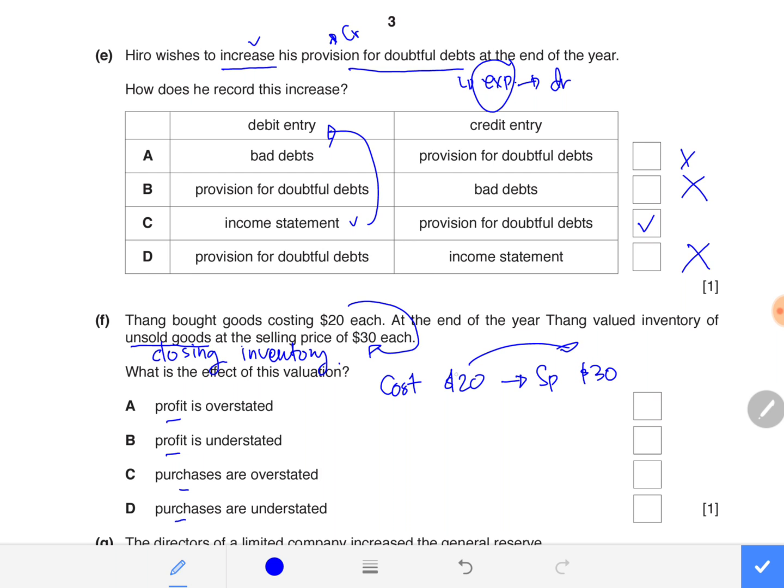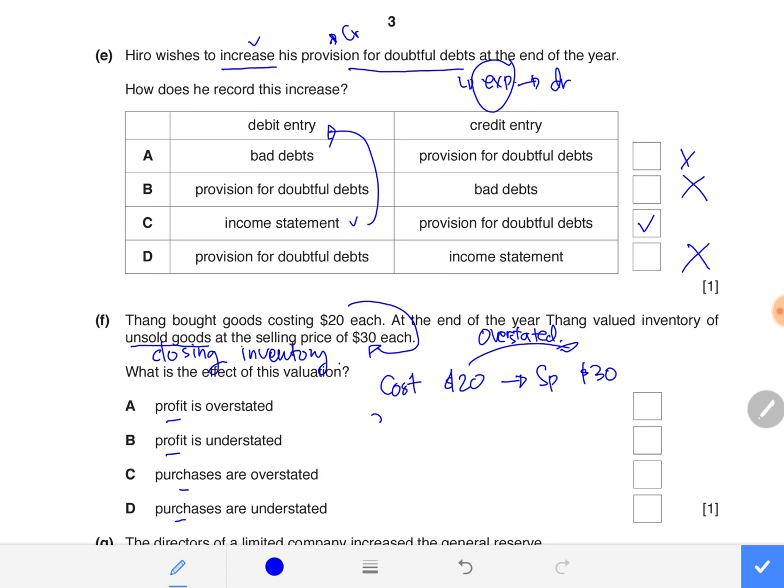That is called overstated. So the business overstated the inventory. If we are talking about unsold goods, we are specifically talking about closing inventory.